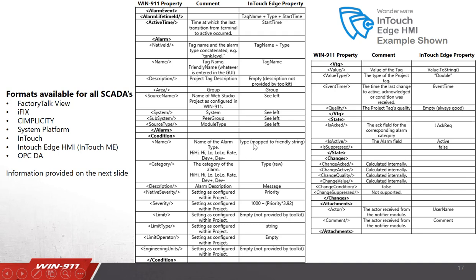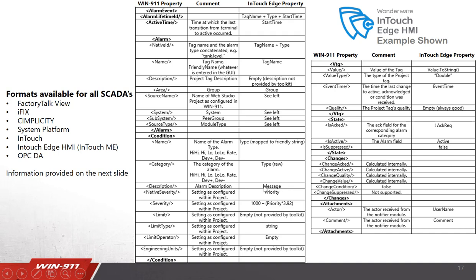The name is short, and so here we're using the InTouch Edge HMI type mapped to a friendly string. So the type comes in as a sort of a number, and we'll map that to high, high-high, low, low-low, rate, DEV plus or DEV minus in the case of InTouch Edge. The description is the alarm description, and from InTouch Edge that comes in as what they call the message.